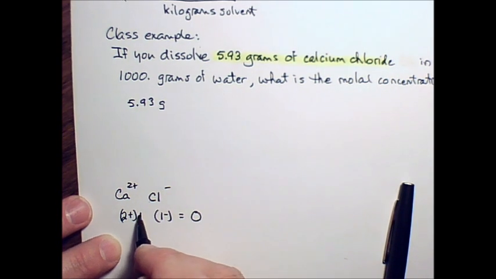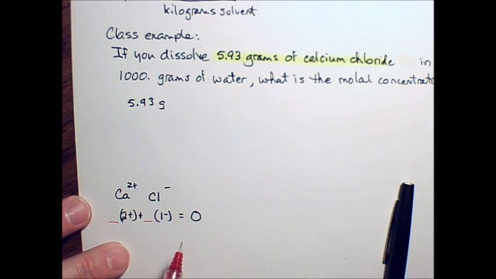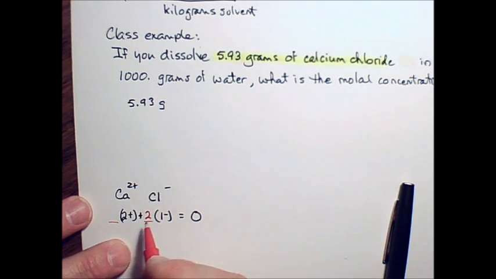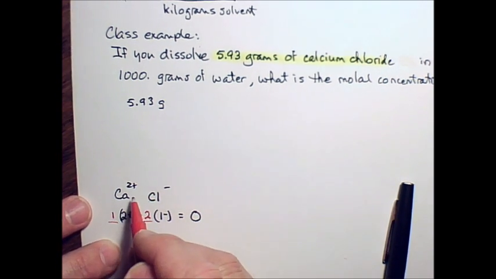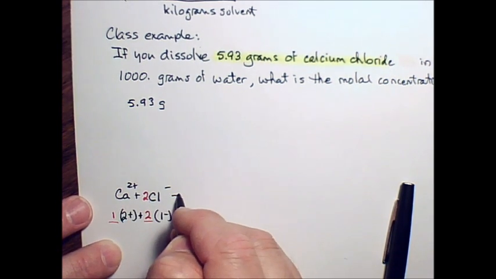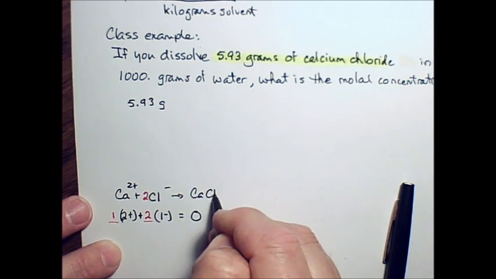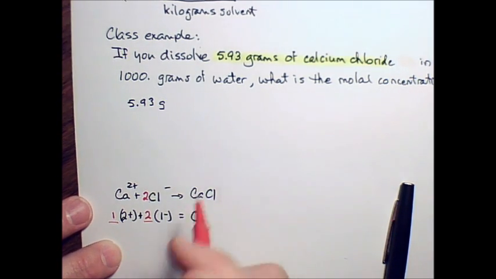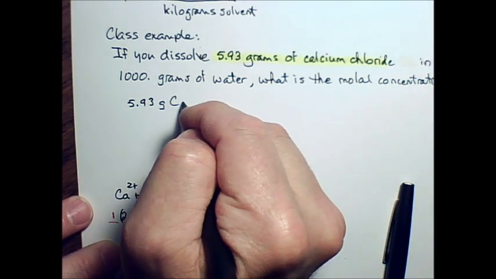So we need to put together these two parts in a ratio that gives us that 0 charge. So we're going to have 2 of these and 1 of these, which gives us a balanced formula. And then we put it together and we get CaCl subscript 2. All right, and that's our formula, calcium chloride.